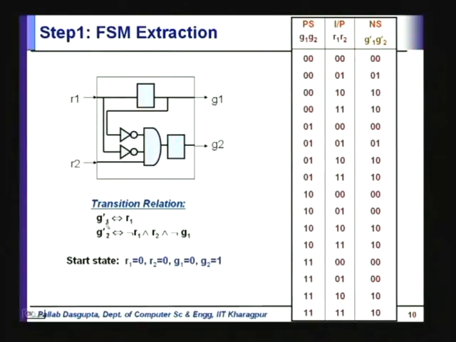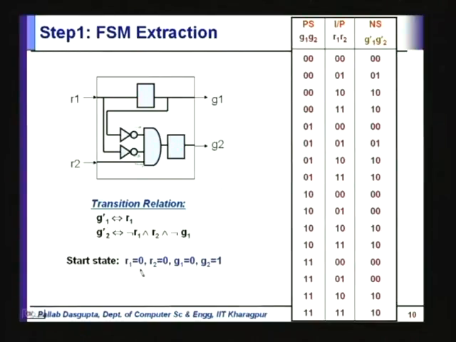So, G1 dash, which means the value of G1 in the next cycle, is the same as R1, right, and G2 dash, which is the value of G2 in the next cycle, is not of R1 and R2, not of R1, R2 and not of G1, that is going to be the value of G2 in the next cycle, right.